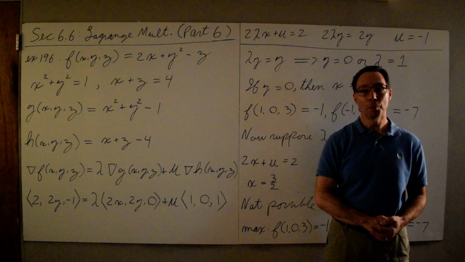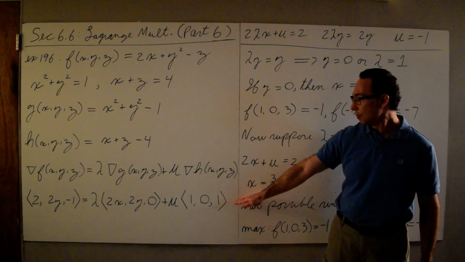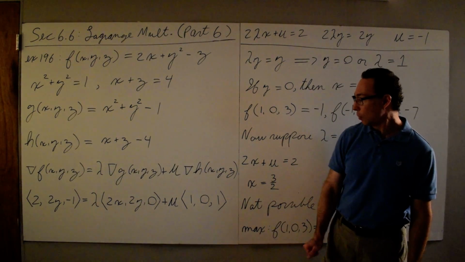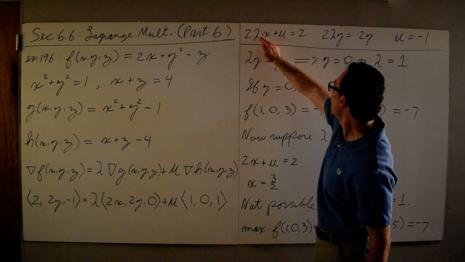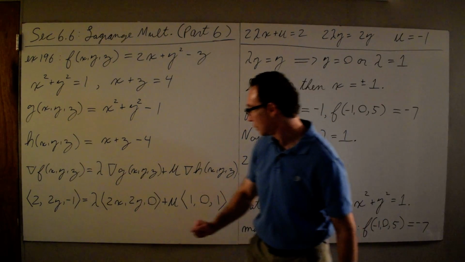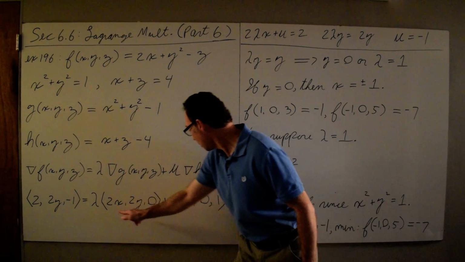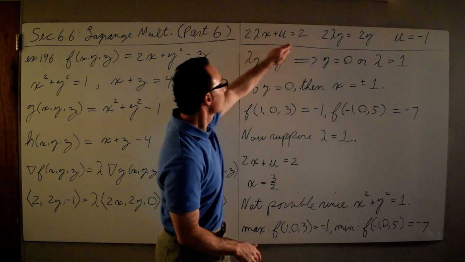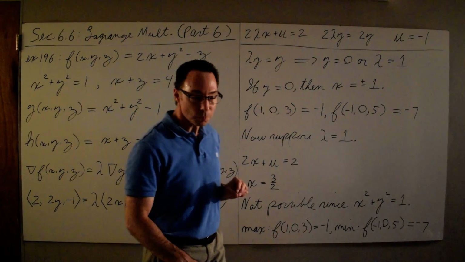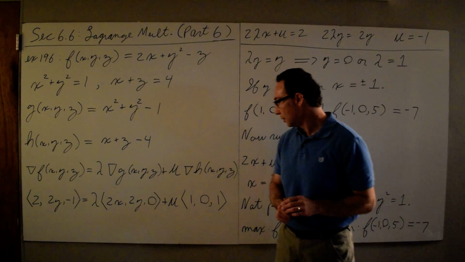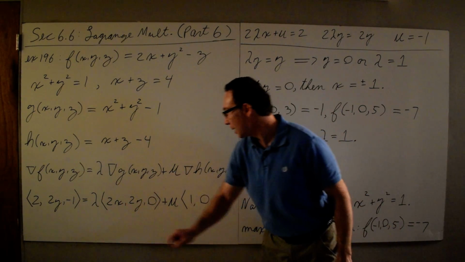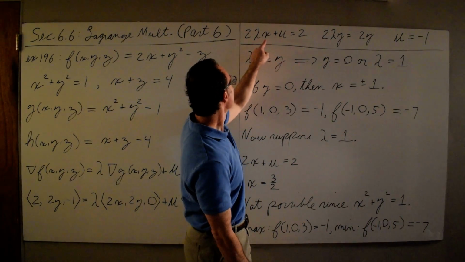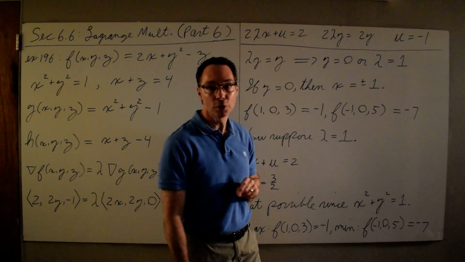So now let's look at the components to see what we can figure out about x, y, z, lambda, and mu. So we have these three equations from the components. From the first component, we see that 2 lambda x plus mu is equal to 2.